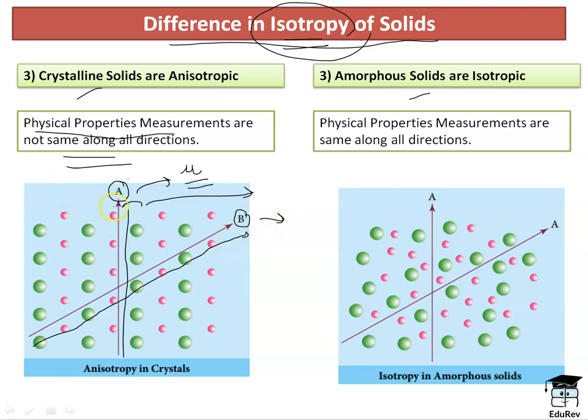If the two values are the same, it is said to be isotropic.